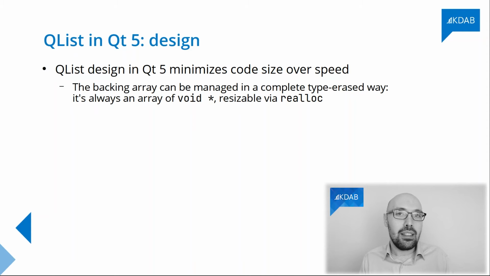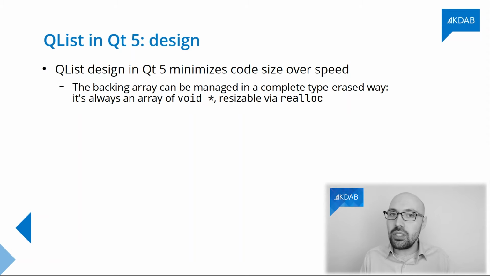Why is that? Well, that has to do with the fact that when you manipulate a QList, when you insert elements, when you remove elements, and so on, the management of that array can be done in a completely type-erased way. That is, that array is always, as I said, an array of cells, so an array of void star, and that array is actually resizable by calling realloc.